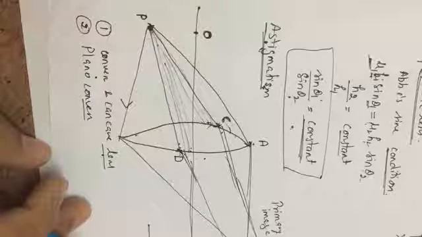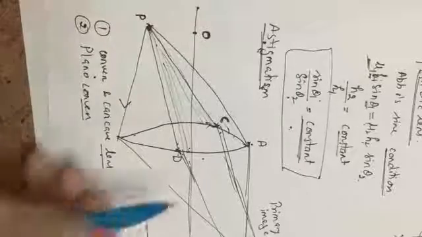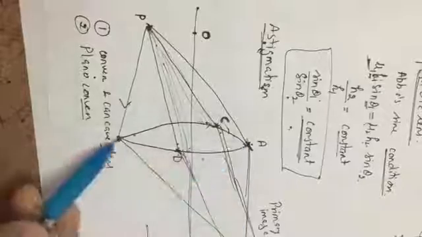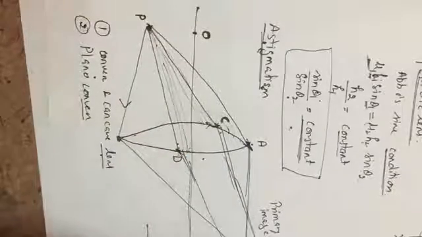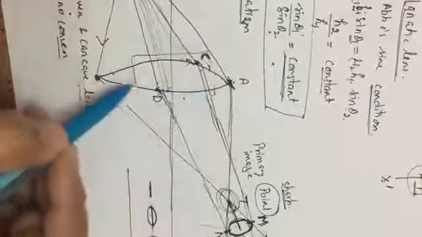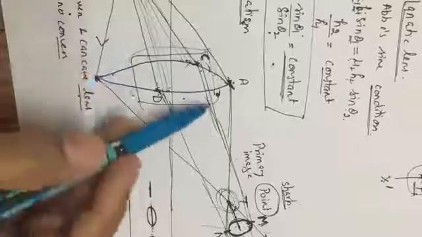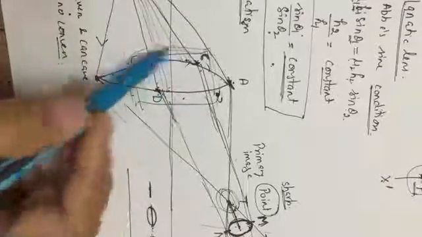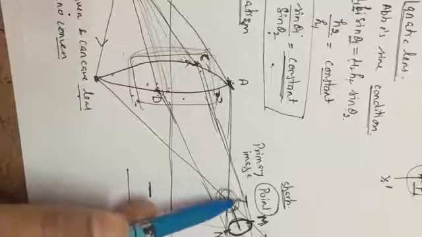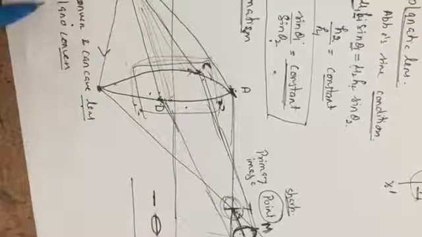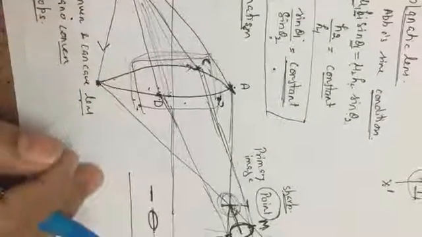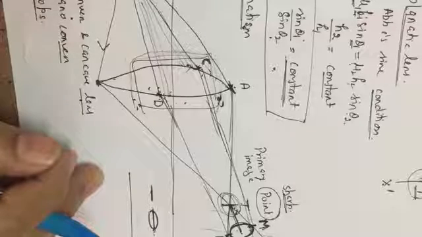And if we allow only the marginal rays to cross the lens, we will get a single image. Hence, with the help of stops also, if we stop the paraxial rays, we can only get the image at point T. So with the help of stops also, we can remove the astigmatism aberration.